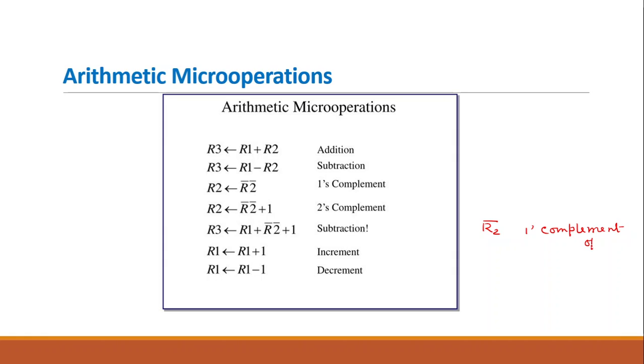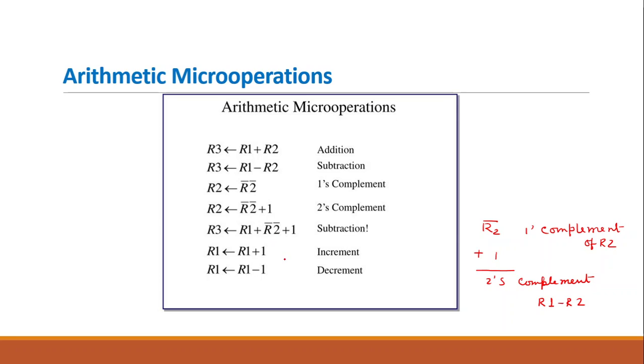Adding 1 to this, that is adding 1 to the 1's complement, will produce the 2's complement. And it is equivalent to R1 minus R2. That means adding the contents of R1 to the 2's complement of R2 is equivalent to R1 minus R2. And after this, the resultant will be stored in R3.